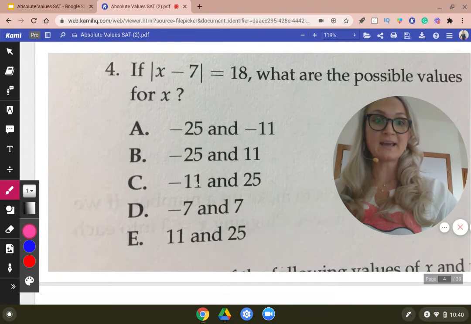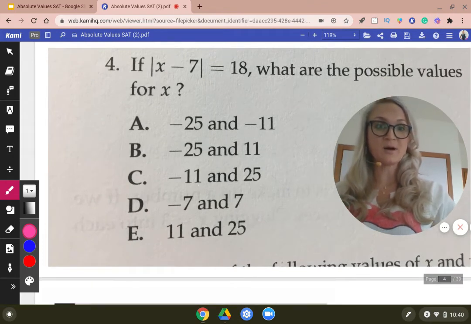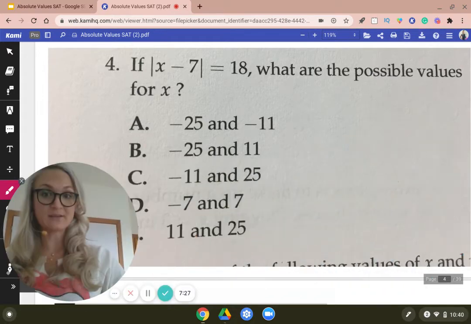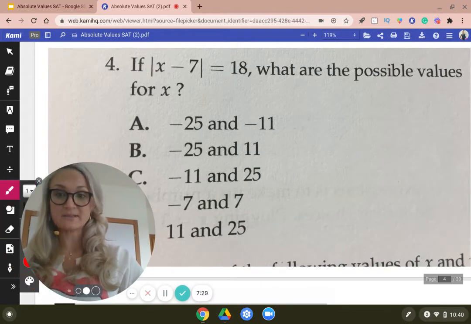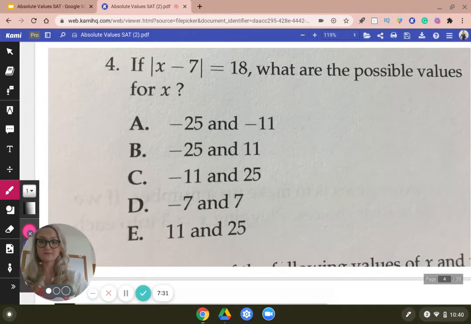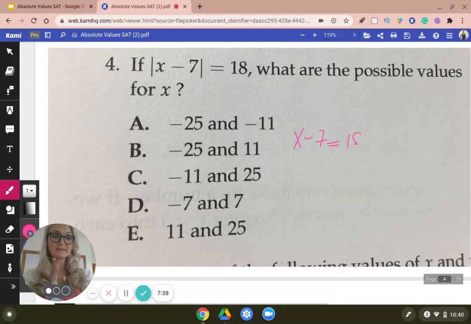Next question. Again, I'm not reminding you to pause, but pause. See if you can solve it by yourselves. Here, we're going to rewrite the equation. Again, we're going to rewrite 2 equations. x minus 7 is either equal to 18 or x minus 7 is equal to -18.